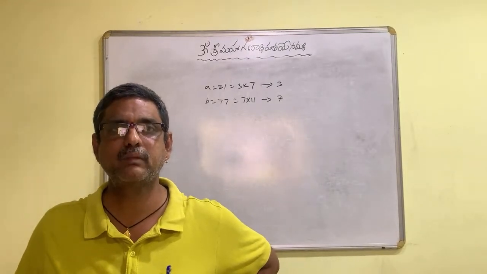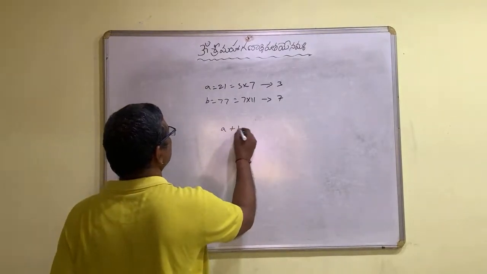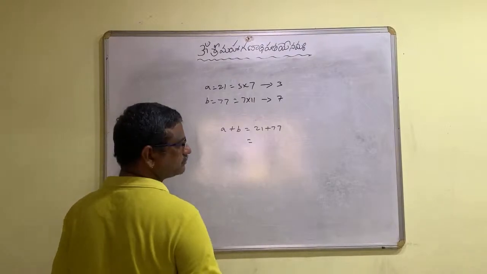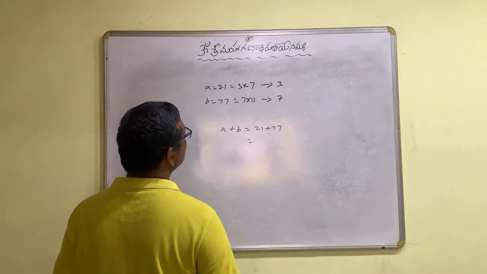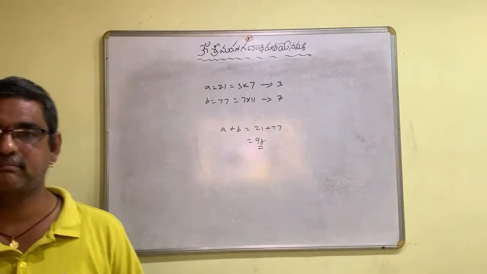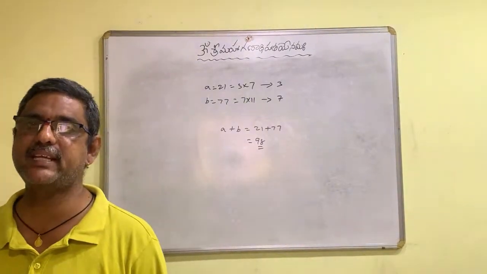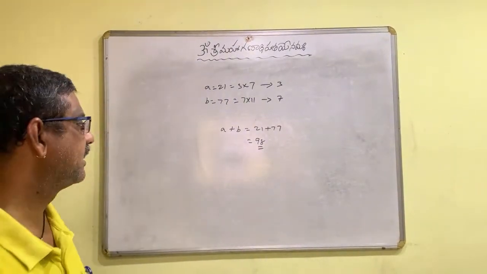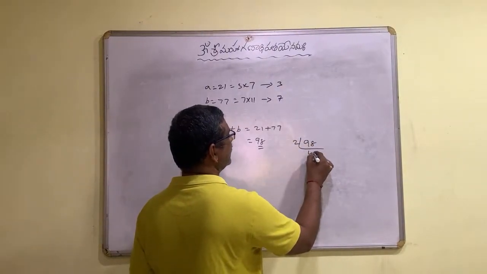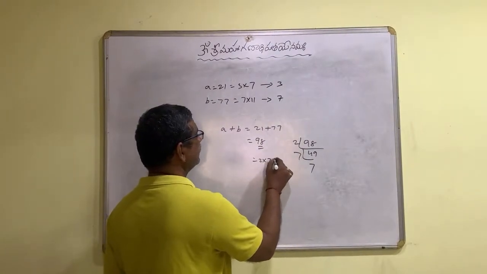Now if I add A plus B, what will I get? 21 plus 77, how much? 98. What is the least prime factor of 98? Do prime factorization. 2 into 49, and 49 is 7 into 7. So 2 into 7 into 7.